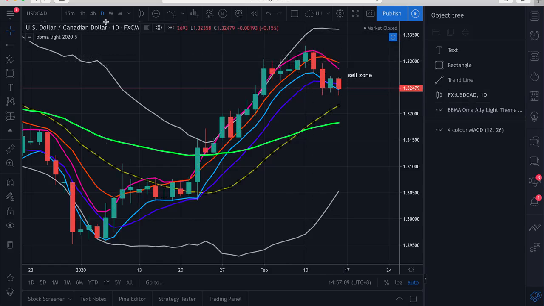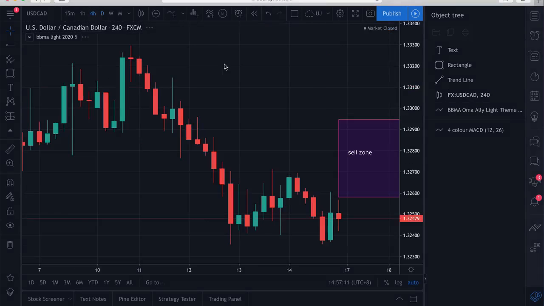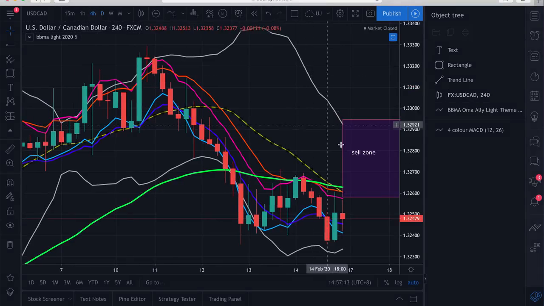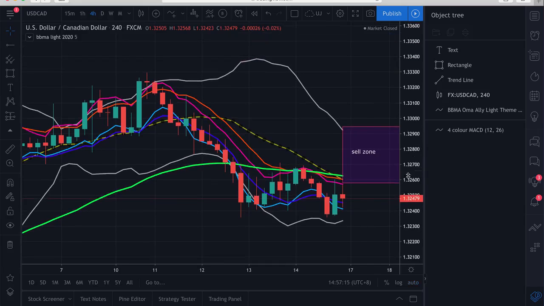MHV sell, sorry. On H4 we can see that the price is now between the re-entry sell and MHV. However, we look at it as a sell setup. So our sell zone is from the mid BB, MA 510 high, EMA 50 to the top BB. This is a very strong sell zone.